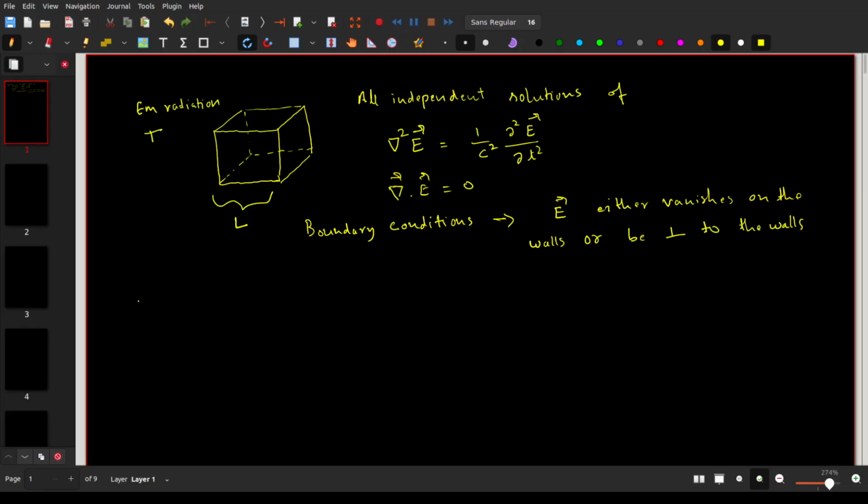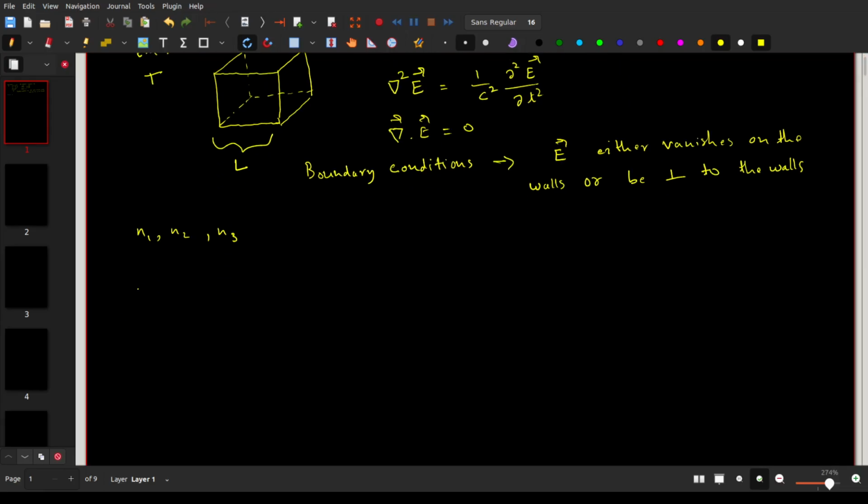For any triplet of integers n1, n2, n3, we can write a solution of the following form.